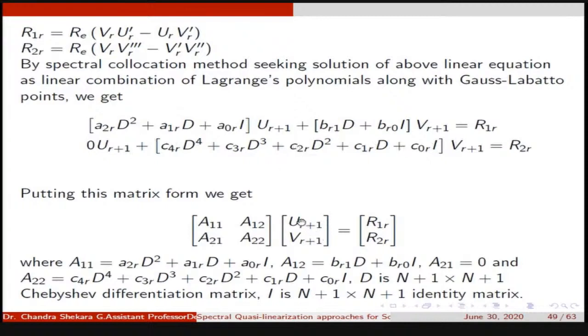Then u at r plus 1 is a vector, because it holds the values of u at different collocation points. v at r plus 1 is also a vector, because it holds the values of v at different collocation points from x0 to xn.